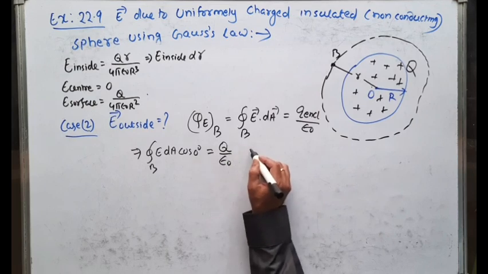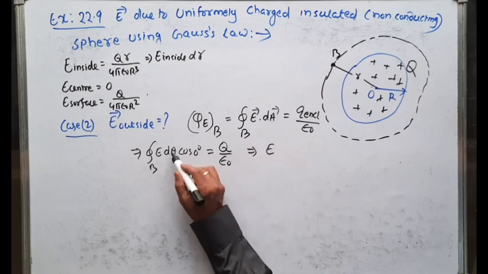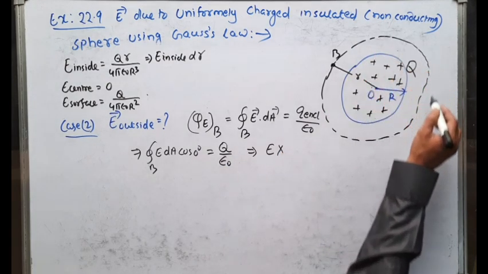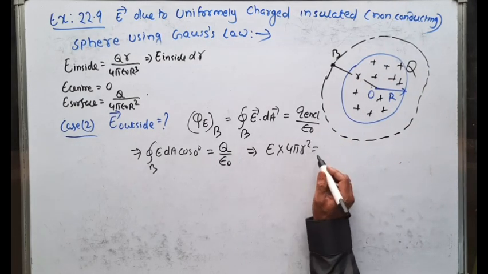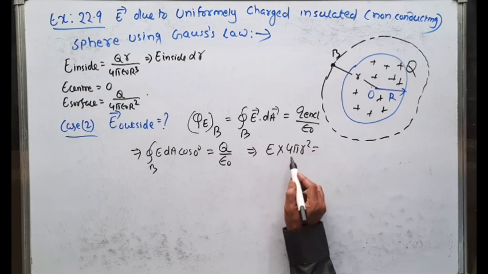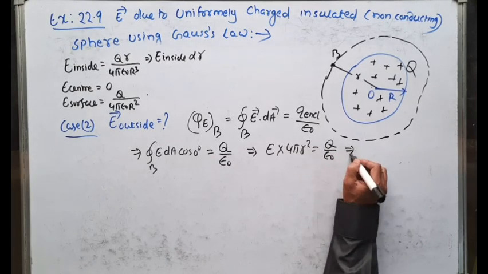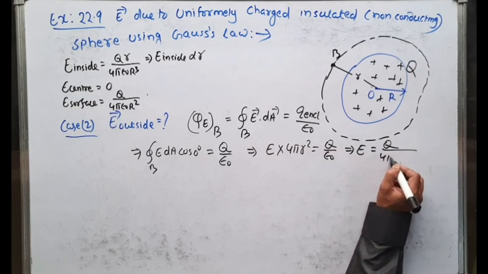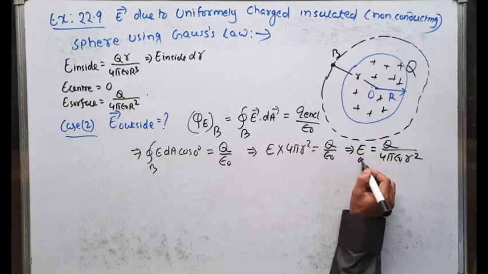So Q by epsilon naught. So here E is constant, and the integration of total area of this Gaussian sphere is equal to 4 pi r square, because you know for a sphere surface area is equal to 4 pi r square. So that is Q by epsilon naught. So that implies E is equal to Q upon 4 pi epsilon naught r square. So this E is at which point?